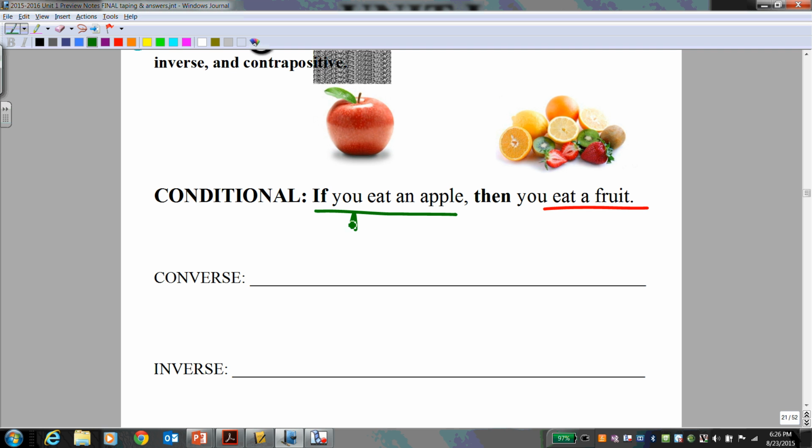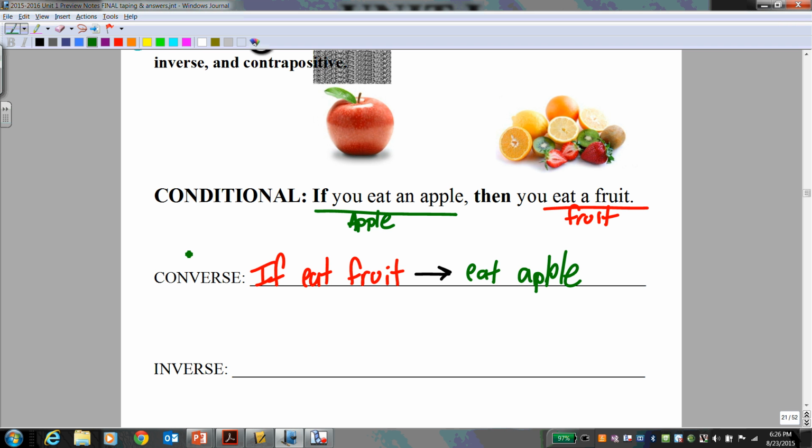So I'm just going to use the word apple and here fruit. So converse, you switch the order. It would look like this. If you eat fruit, notice I'm shortening the grammar. Then, that arrow means then, you eat an apple.